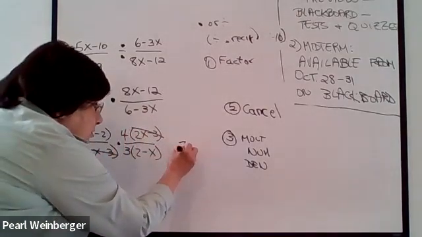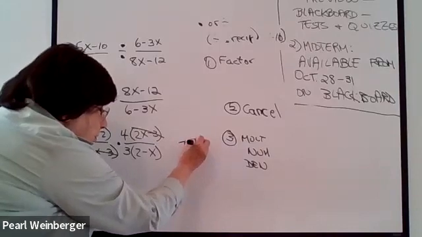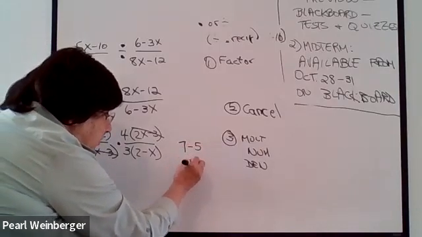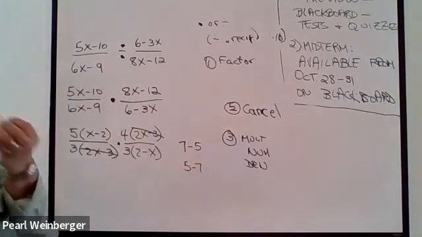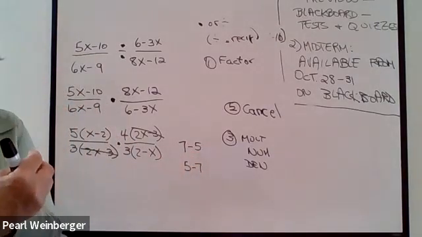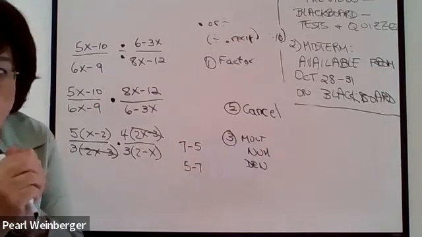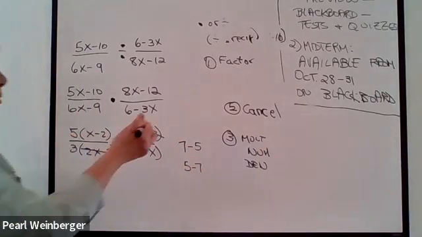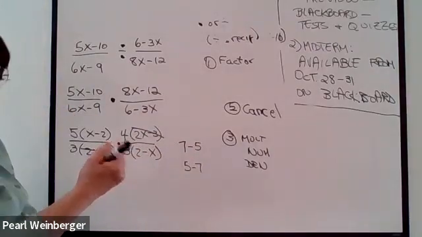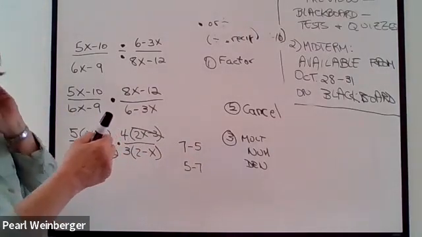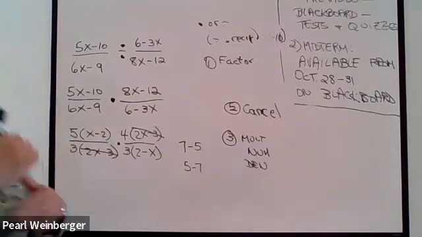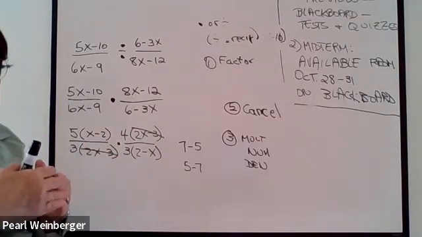If I do 7 minus 5, is that going to be the same as 5 minus 7? If we're subtracting and we change the order in which we subtract, will we get the same answer? And the answer is obviously no. You can't just switch when you're subtracting. When you're adding, we call it the commutative property, and it doesn't make a difference.